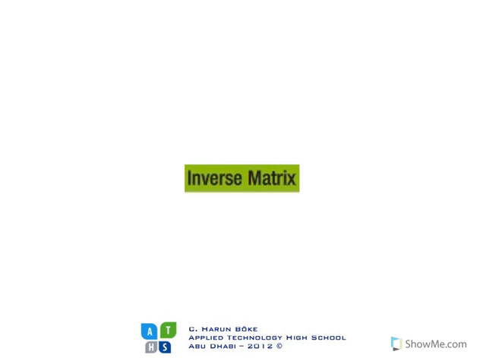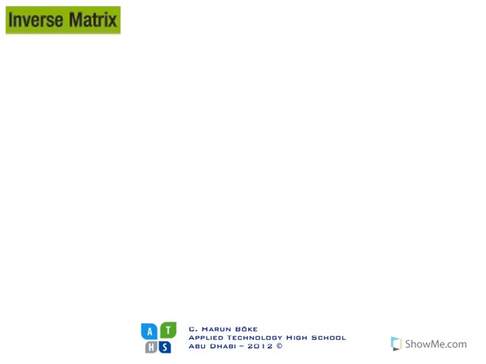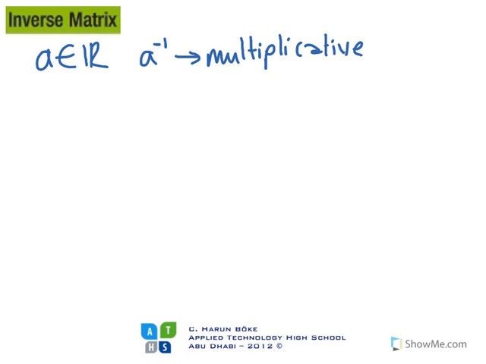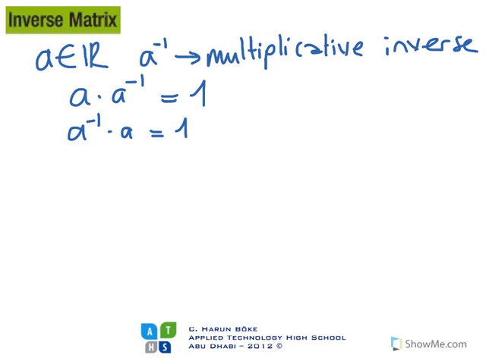In this video we are going to talk about inverse of a matrix. In real numbers, if we have a number a, then we may have a to the power minus 1 as the multiplicative inverse, so that if we multiply a and a to the power minus 1, we always have 1, or a to the power minus 1 times a will give us 1.